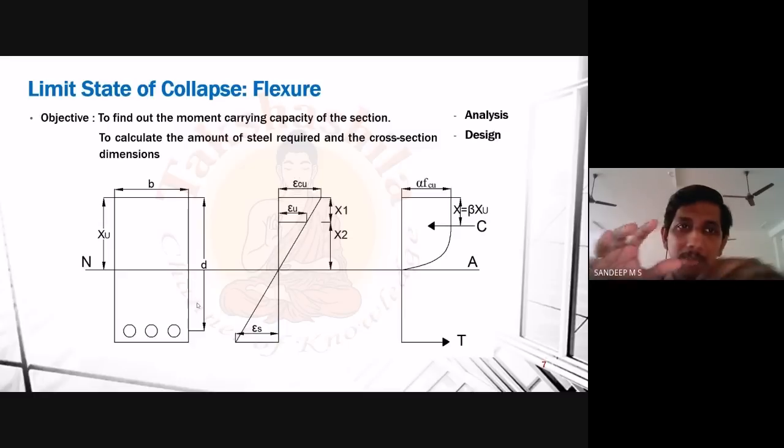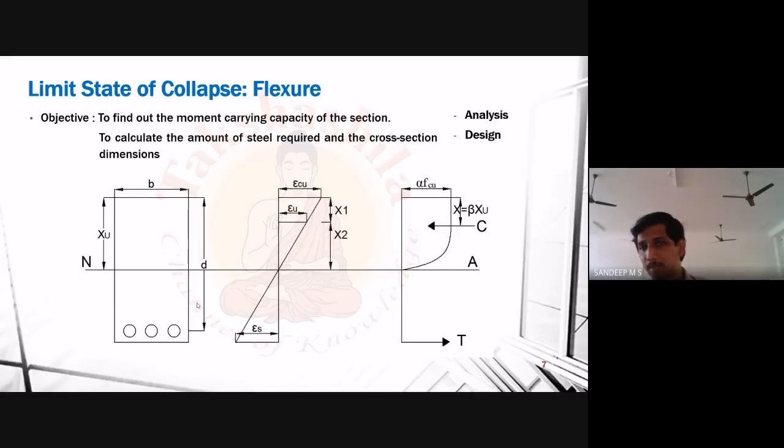Okay, so coming to this area, we can broadly classify the problems in this section into 2 groups. The first is the analysis type of problem, and the second is the design type of problem. We have already explained what analysis and design mean in the perspective of DCS, right? In analysis, we will be provided with a section with known dimensions as well as a known amount of steel.